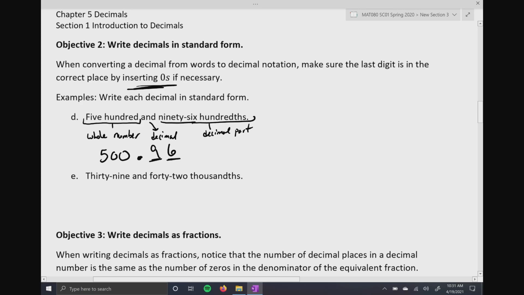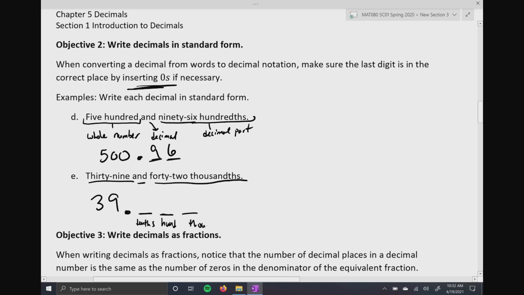That is a little different than part E. So part E, I'm going to do the same thing. So 39, there's my whole number. The word and is my decimal. But now, the 42 thousandths, you got to be careful with it. A nice, easy technique is you start writing these little spaces like I do. This is the tenths, hundredths.